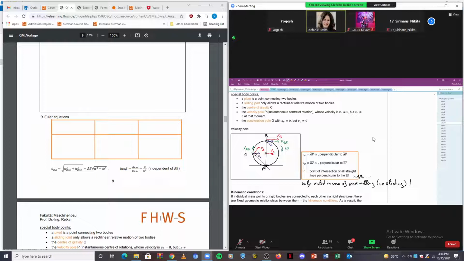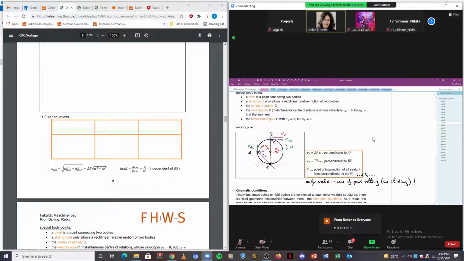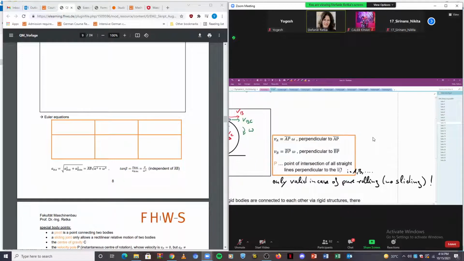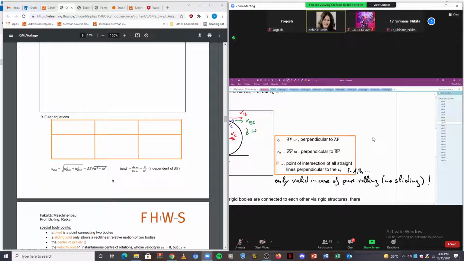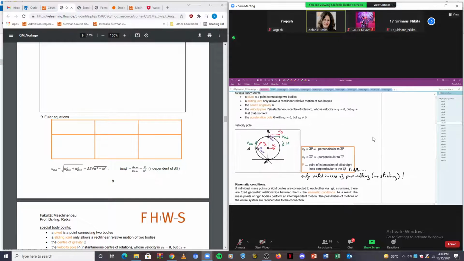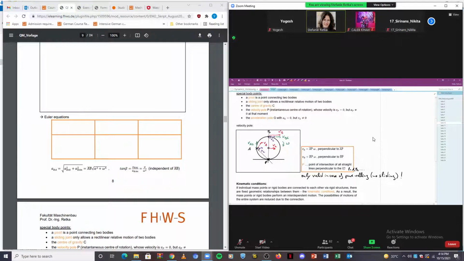The last part is that the advantage of the velocity pole is that the absolute velocity of this arbitrary point A or B, as in this example, can be computed by the equation for the velocity of pure rotation. So distance between the points as our radius multiplied by the angular velocity.